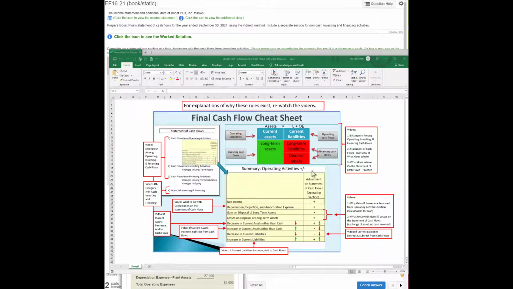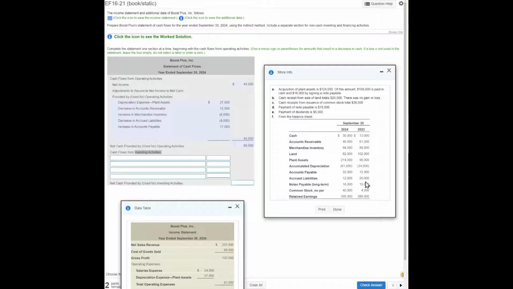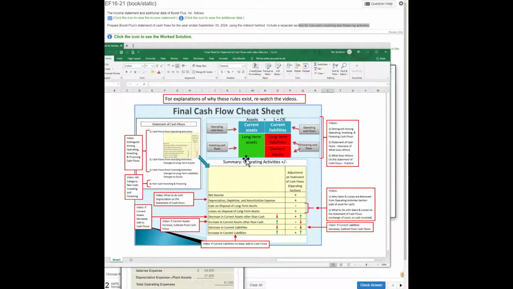If there is a change to a long-term asset that did not involve cash, it would go into that last section, the non-cash investing and financing activities section. And here's another way to look at it. Investing cash flows happens when there's changes to long-term assets.